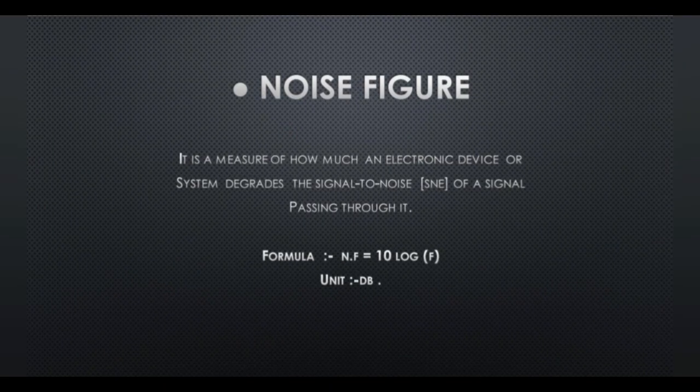And then the definition of noise figure. It is a measure of how much an electronic device or system degrades the signal to noise ratio (SNR) of a signal passing through it. Formula: NF is equal to 10 log to the base 10 of F.